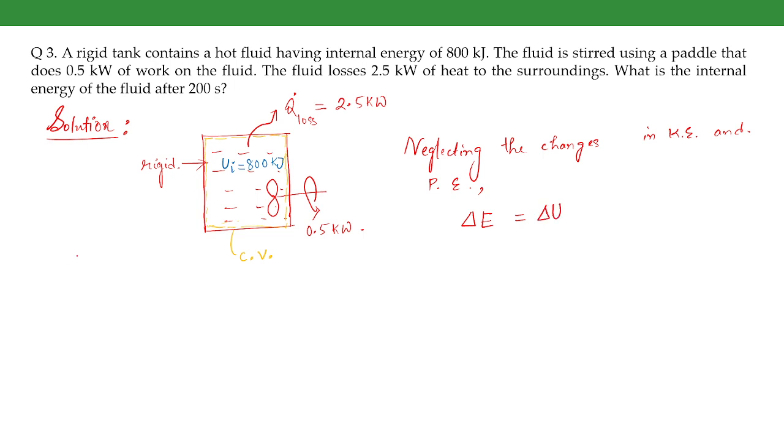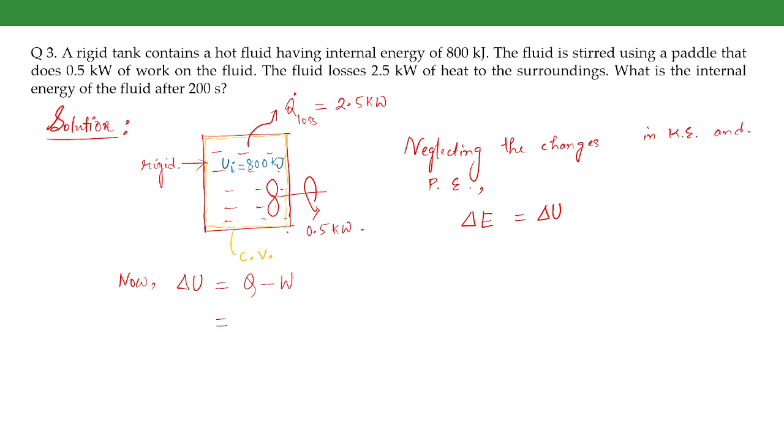Okay, now from the first law of thermodynamics for a closed system, we can say that the change in the internal energy of a system is equal to, we are considering this to be the control volume, or the system in this case, so this will be the Q, that is the heat transfer to the system minus the work done by the system. Okay, so what is the heat transferred to the system?